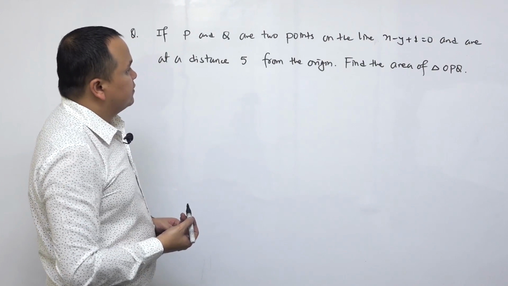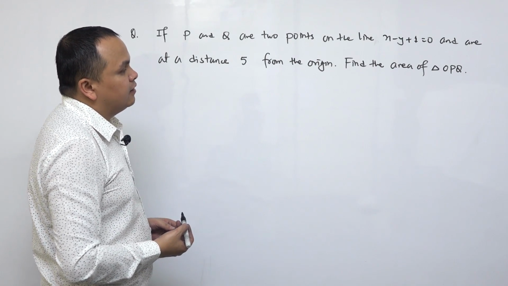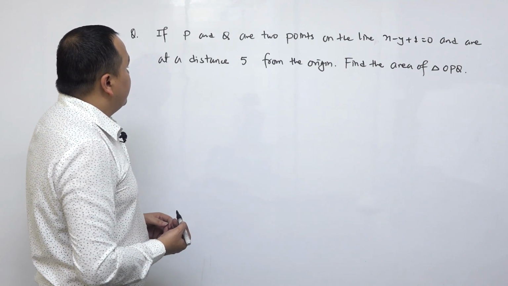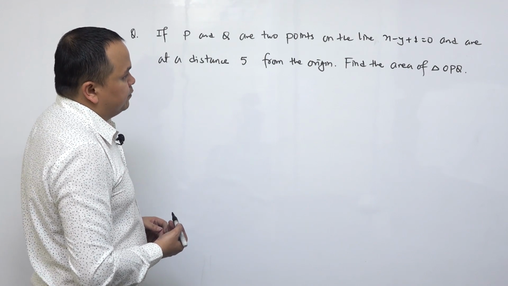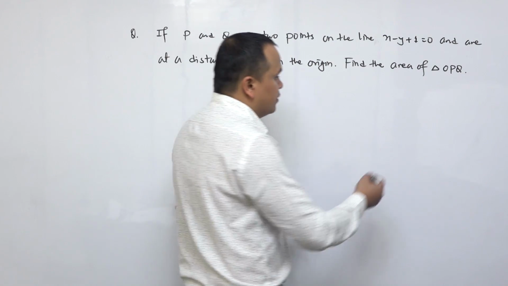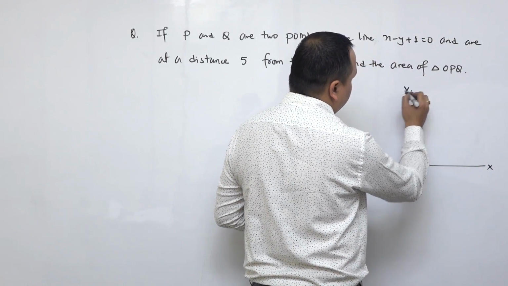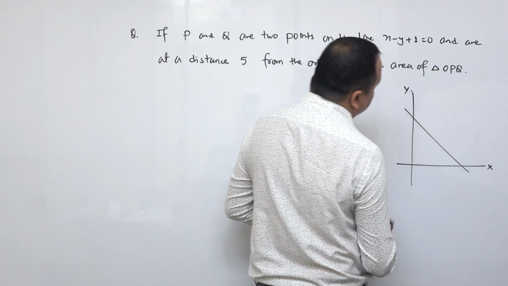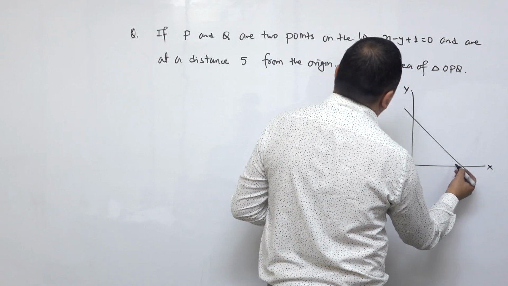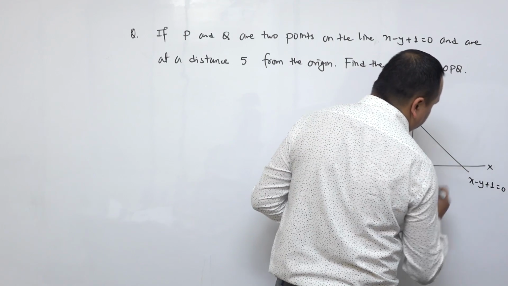Okay, we take another example. If P and Q are 2 points on the line x minus y plus 1 is equal to 0 and are at a distance 5 from the origin, find the area of triangle OPQ. Here, the equation of a straight line is x minus y plus 1 is equal to 0.